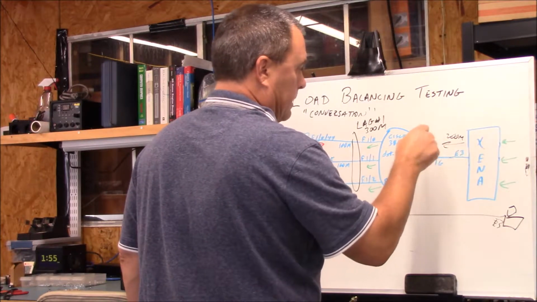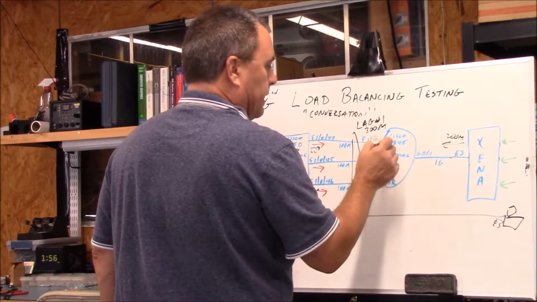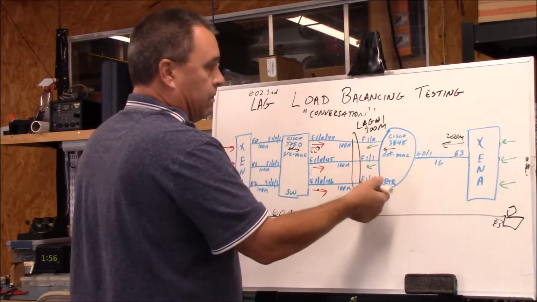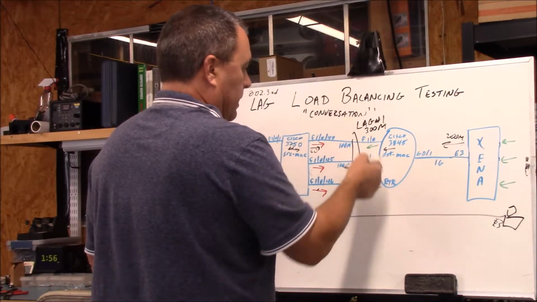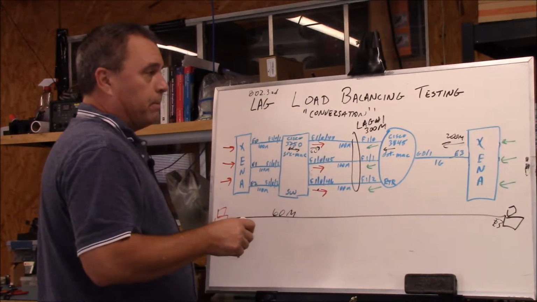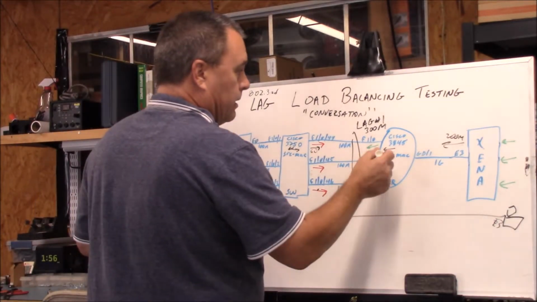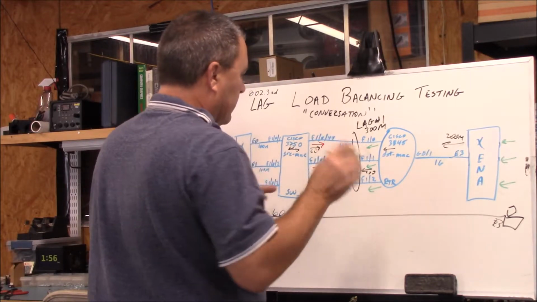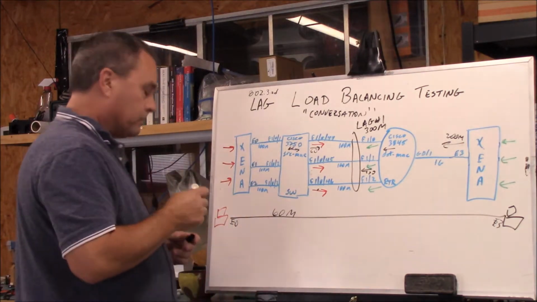Well, the 1 gig port has no problems, but when it hits the router right here, he's going, well, I don't have 200 megs, so he's going to have to pick one of these links and shove that 200 megs on it, and basically what's going to happen is 100 megs of it is just going to be dropped. So he'll only be able to get 100 megs across one of the links, because like I said, he cannot split them up to load balance it.